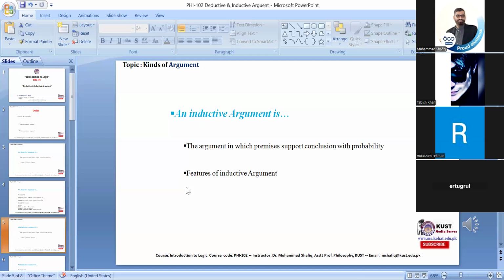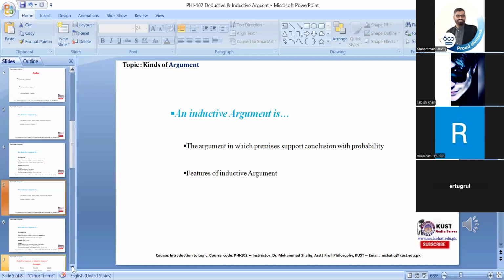Now this conclusion is probable, but it's not conclusive. No matter how many premises I add, it might make the conclusion more probable, but never 100%.